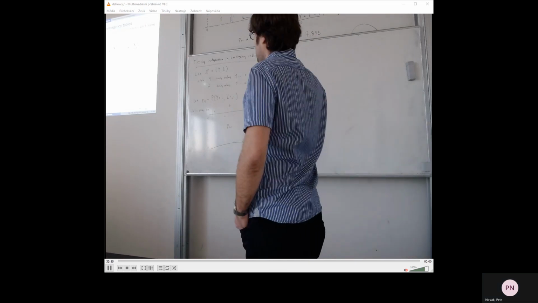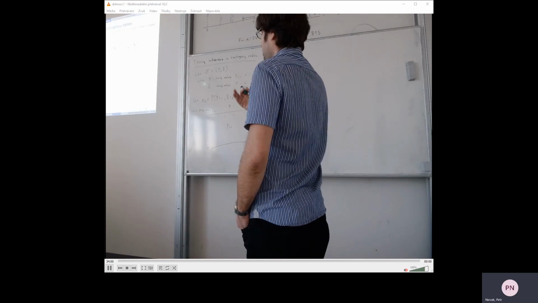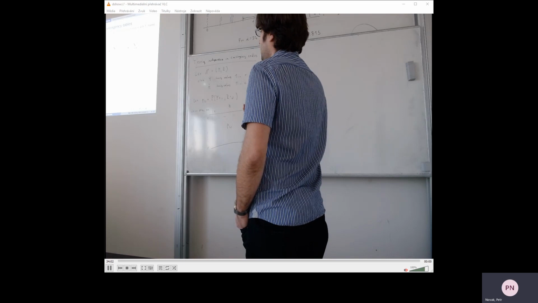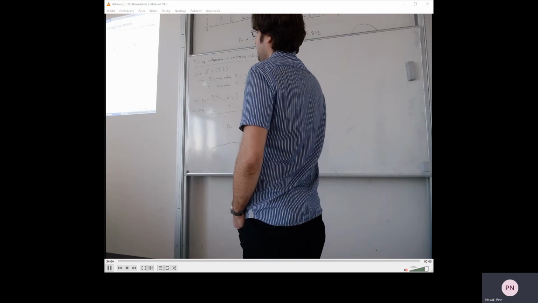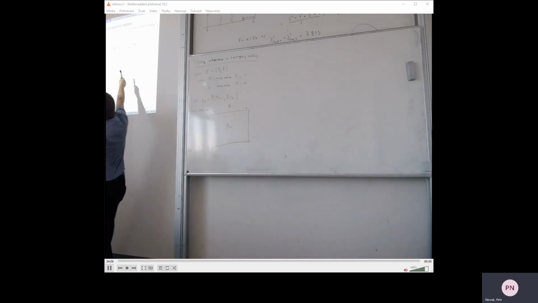We use the notation of the small p for probabilities, and by taking the sum over one coordinate, we denote that by using a bullet in that coordinate.